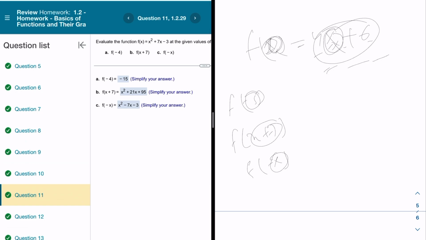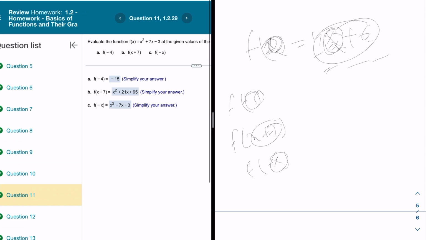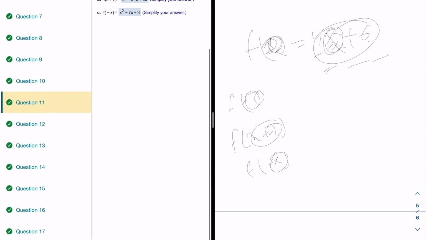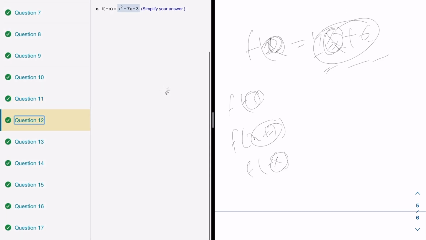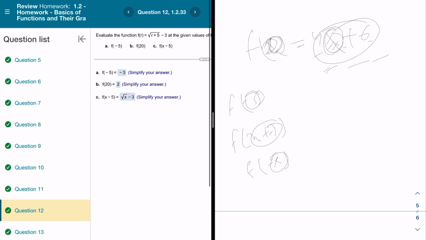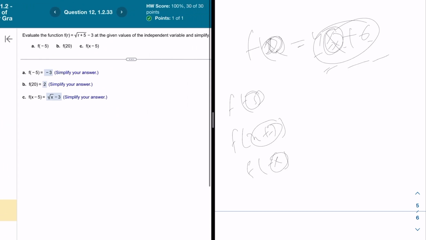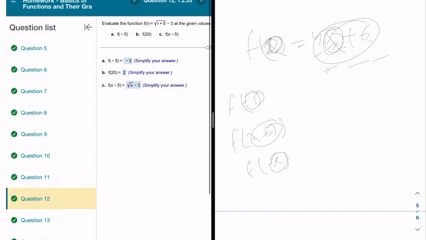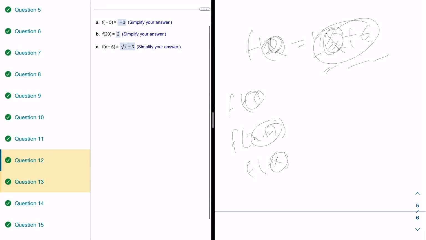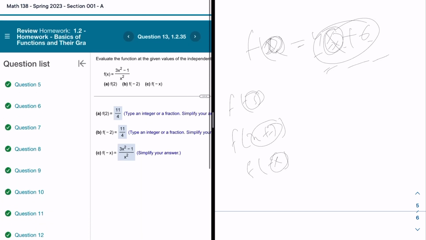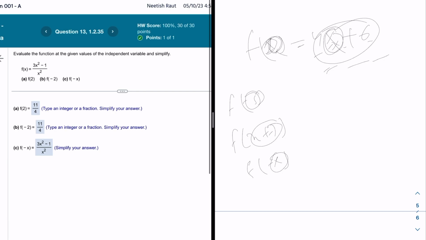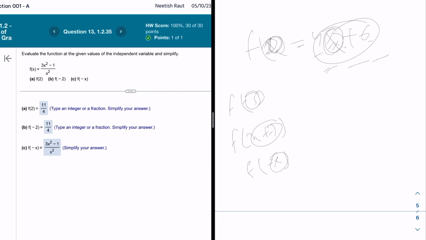Okay, evaluate the function f(x) at the given values. Same thing. I'm not going to do this. Do it yourself. Evaluate the function at the given values of the independent variable and simplify.